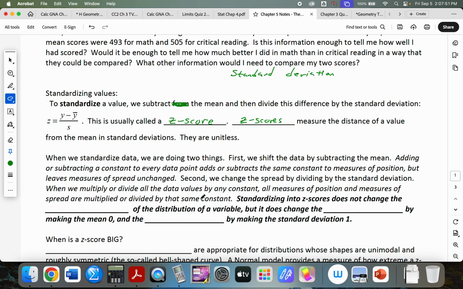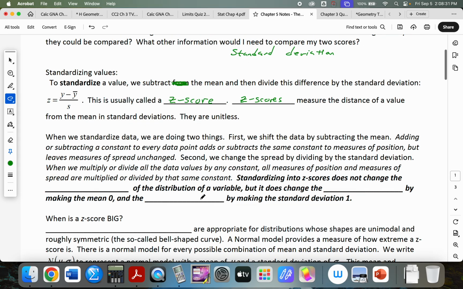So if I multiplied everybody's grade by 3, well, that means that the interquartile range will be 3 times bigger, and the standard deviation will be 3 times bigger, and the minimum and the maximum and quartile 1, quartile 3, median, those are all going to be 3 times bigger also. Okay? So when you multiply or divide, you move everything. When you add or subtract, you don't change the measures of spread. You just change the measures of position.